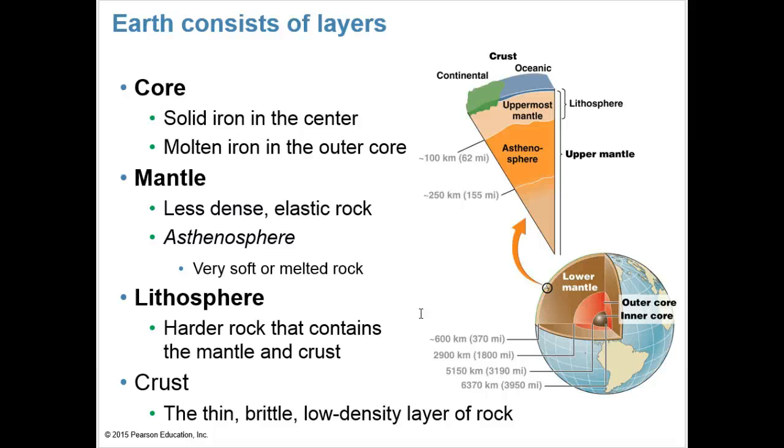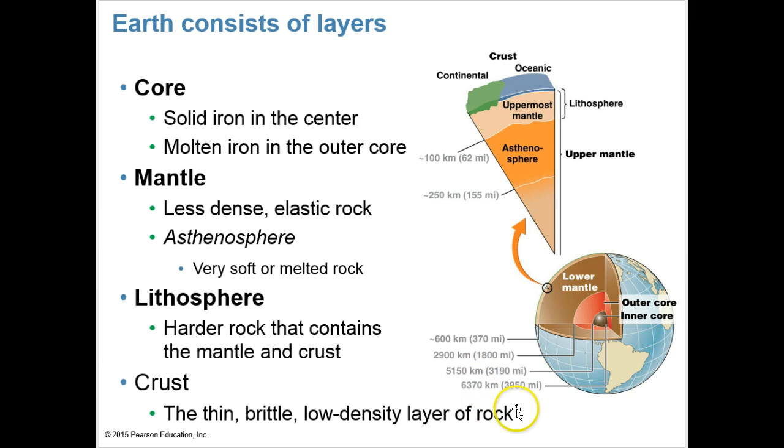Next, we'd go further outward toward the crust, and before that we would find the lithosphere, which has harder rock that contains part of the mantle and the crust. The crust is a thin and brittle low-density layer of rock that you and I walk on. Over in the picture, off to the right, we can see diagrams of these.